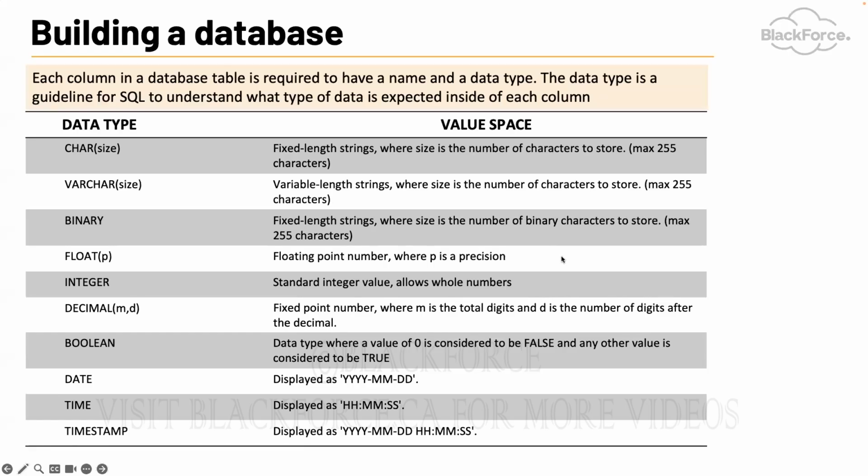So if you have 4 for your M and 2 for your D, it means you can have 4 digits before the point and 2 decimal places, so 0.02 or 0.14, but not more than that. Boolean, where 0 is false and 1 is true. Dates, time, timestamp, where you have both date and time.